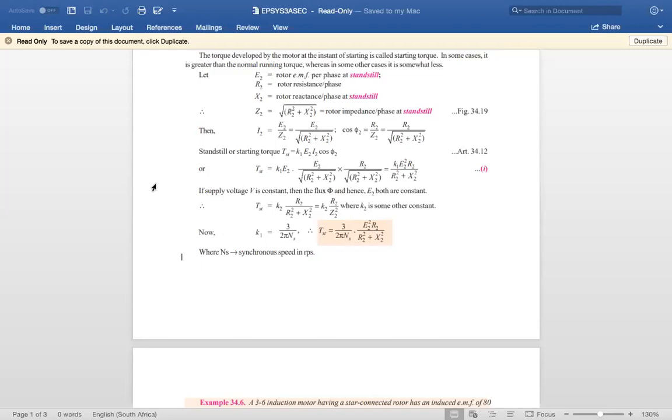So therefore, the torque then will be 3 over 2 pi Ns times E squared R2 over (R2 squared plus X2 squared). But that Ns actually should be the small ns. So therefore, at the top should be 60 over 2 pi ns times 3 E squared R2 over (R2 squared plus X2 squared).